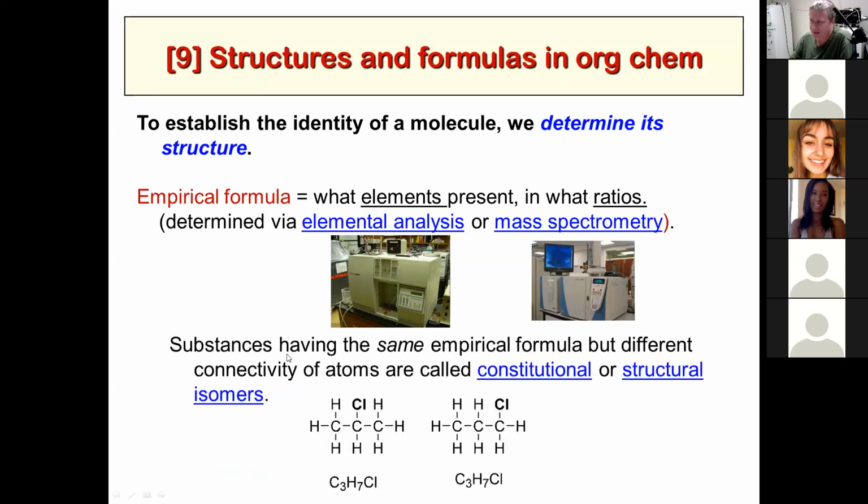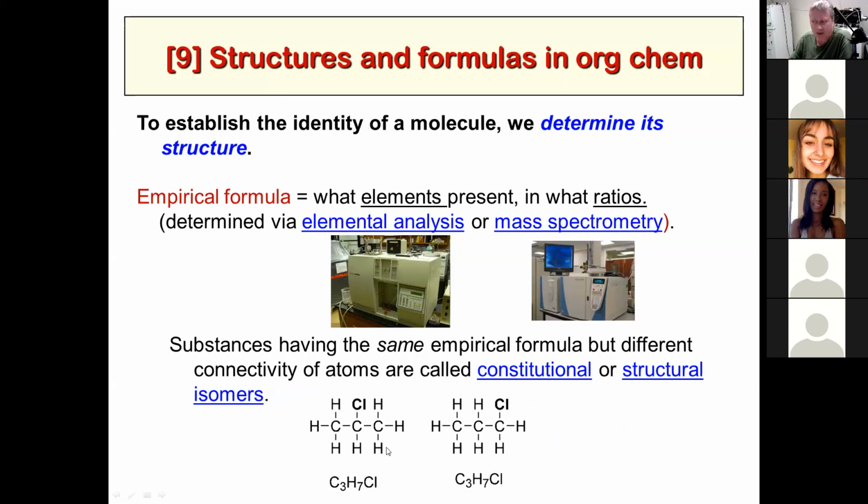If substances have the same empirical formula but a different connectivity, and somebody asked this earlier, last lecture or the lecture before, these are called constitutional or structural isomers. So look at these two molecules. They both are C3H7Cl, right? But are they the same molecule? No. In one case, the chlorine's in the middle. In the other case, the chlorine's on the right.